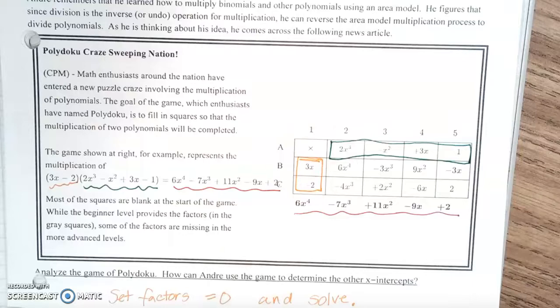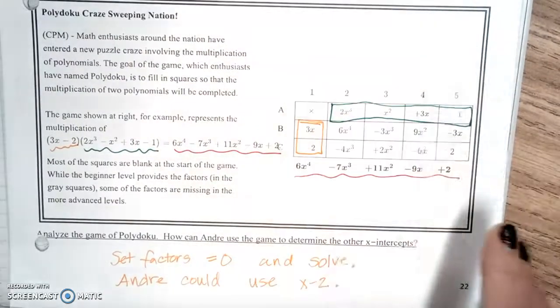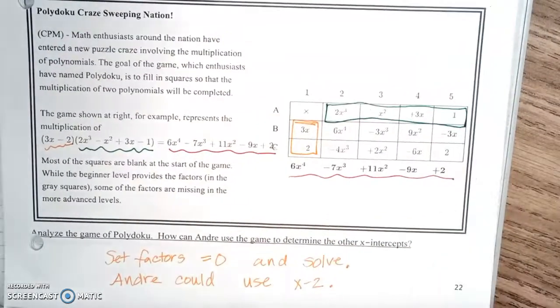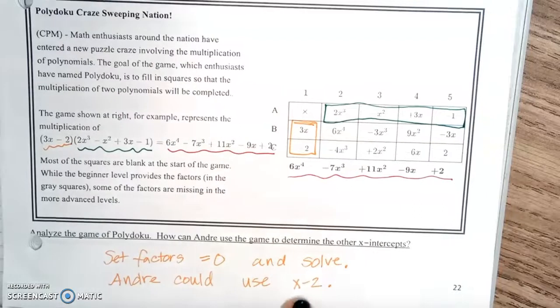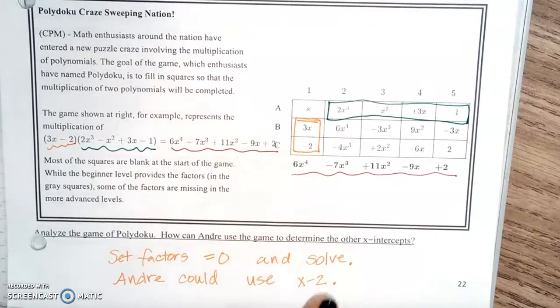Okay. All right, analyze. It says analyze the game of Polydoku. How can Andre use the game to determine other x-intercepts? You would set the factors equal to 0 and solve. Andre could use x minus 2 because he already knows that one of the intercepts is 2.